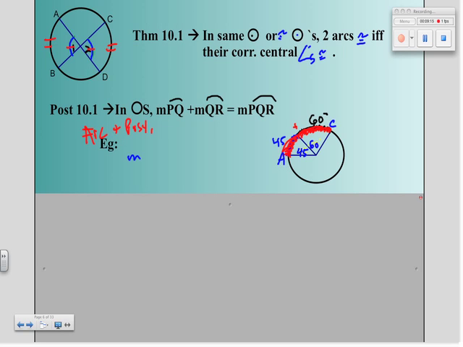The measurement of arc AC would equal the measurement of arc AB plus the measurement of arc BC, which would be our 45 plus 60, which would give us 105 degrees.